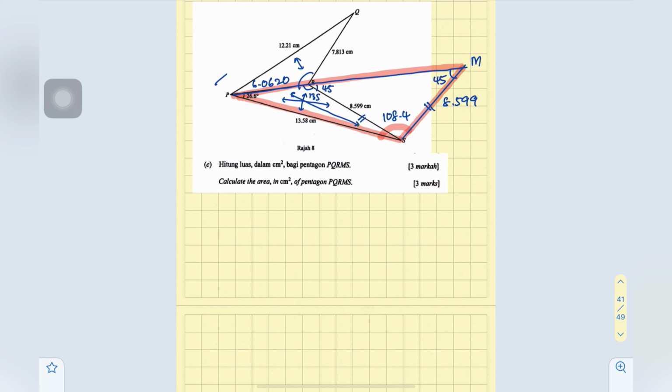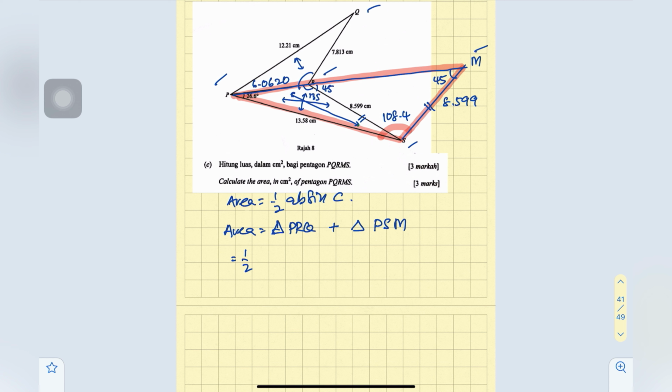Okay, so PQRMS. Okay, so to find area of triangle, so kita ada formula area 1/2 AB sin C. Okay, so then kita kena carilah satu-satu. Cari yang segitiga atas tu, area of segitiga PRQ campurkan dengan area of triangle PSM. So for PRQ 1/2, tadi kita dah ada formula angle PRQ which is 122.79.